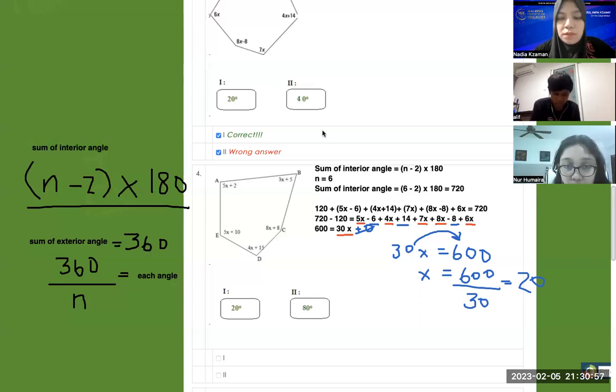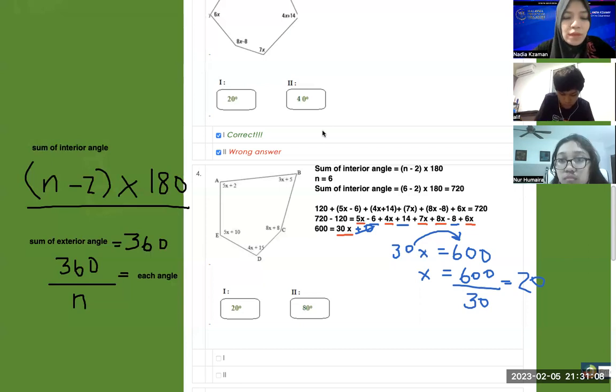So this total is equal to 540. And then what happened is you open all the bracket. So we group all the x at one side and the number at one side.